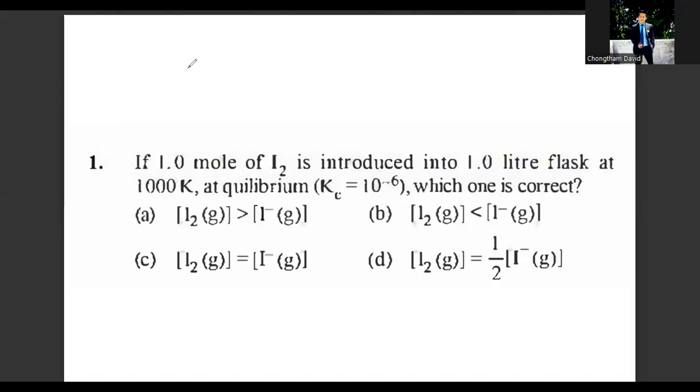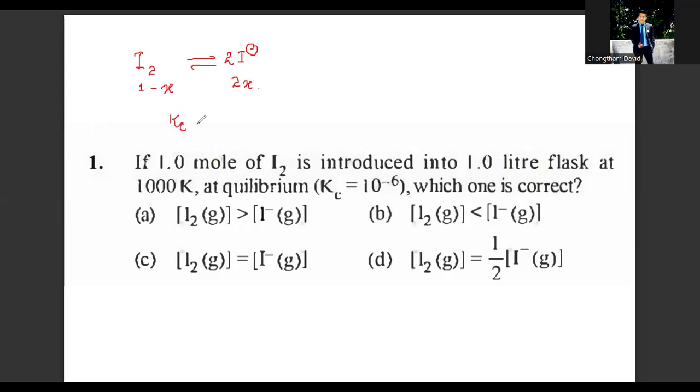So iodine is in equilibrium. When this dissociates, it gives 2 particles of iodide. Let us say after equilibrium is maintained, this is the molar concentration.